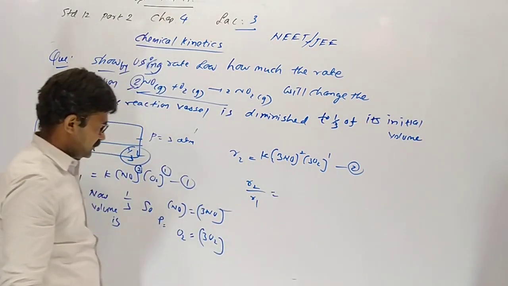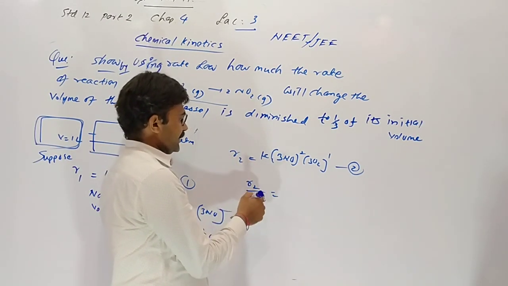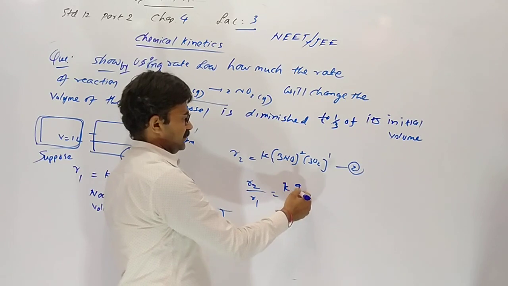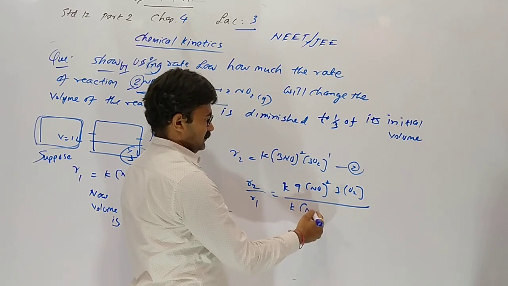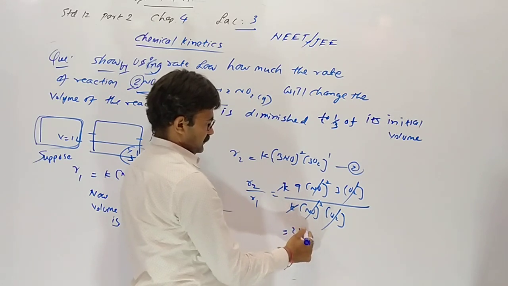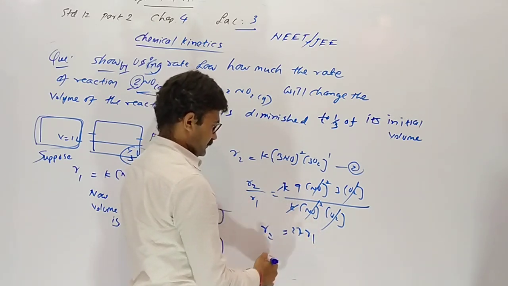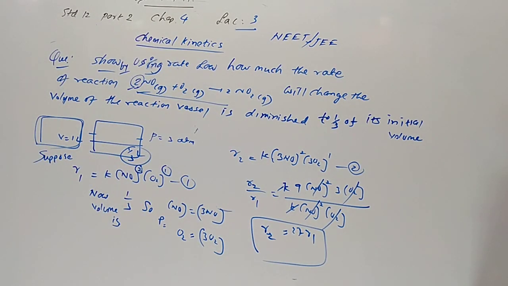Equation 1 divided by 2, second equation divided by 1, so K 9 NO square 3 O2 upon K NO square O2. These are cut, so 27. So when we decrease our volume to 1/3, the final rate will be 27 times more than the initial rate. So this type of question is asked in exams.